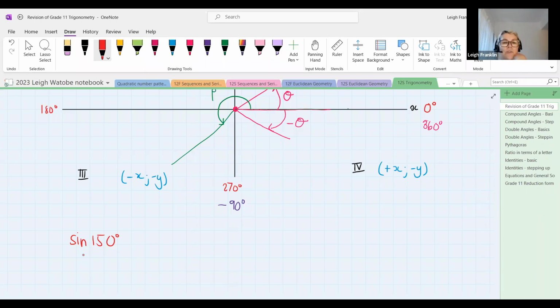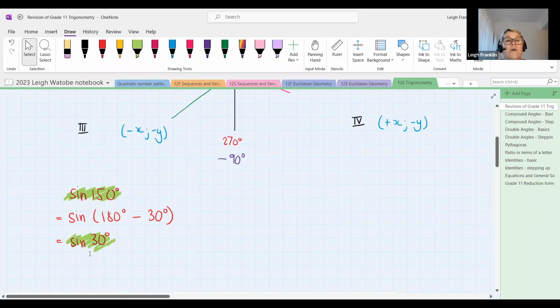That is the function of a reduction formula. So in other words, what I would do is I would say that 150 is the same as 180 minus 30 degrees. So this then reduces to positive sine 30 degrees, for example. Okay, so I'm using my reduction formulae so that I can write an angle that was initially obtuse as an angle that is acute. That's the point of our reduction formulae.